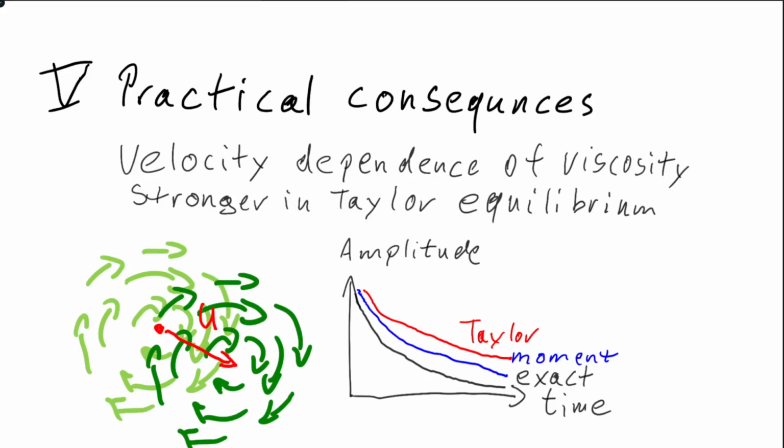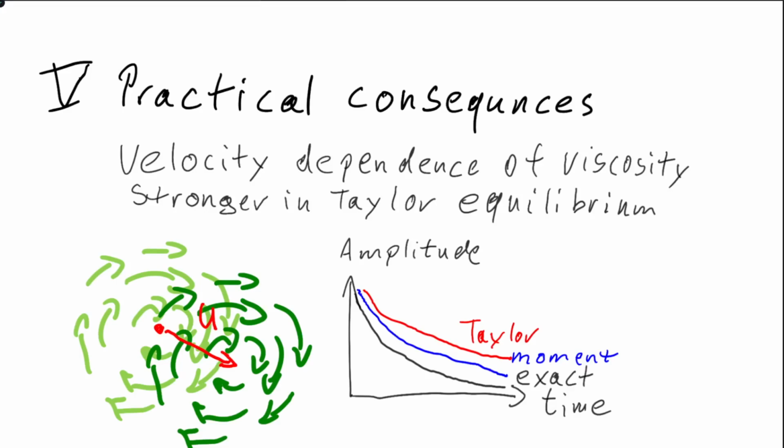So this matters, for example, if we have a vortex like the one indicated here, and this vortex moves in a velocity field with a velocity u, then the decay of this vortex is dependent on the velocity.